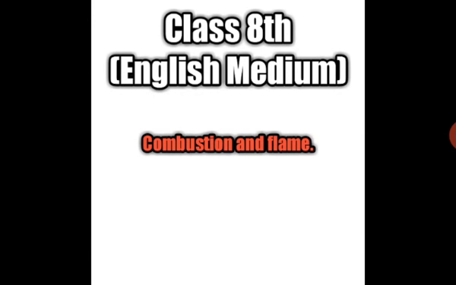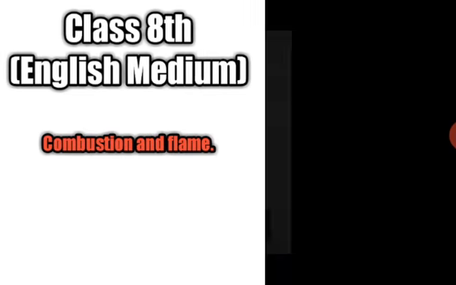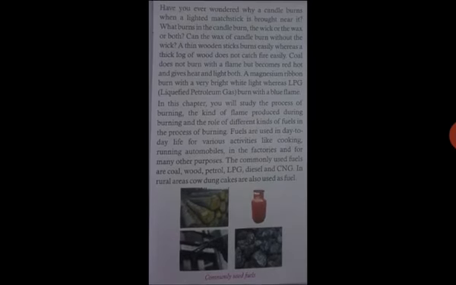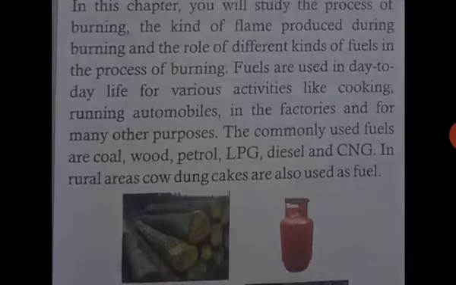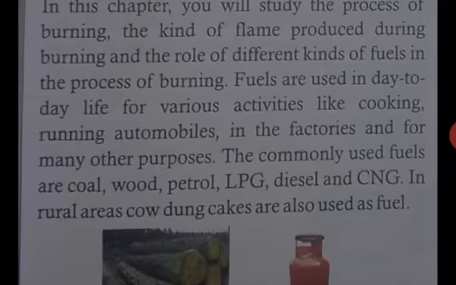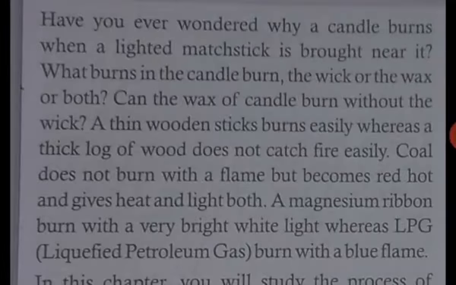Today we start the new chapter, and that is combustion and flame. First, what is combustion? Have you ever wondered why a candle burns when a lit matchstick is brought near it?